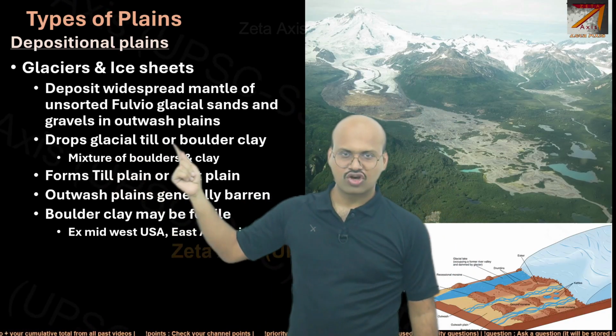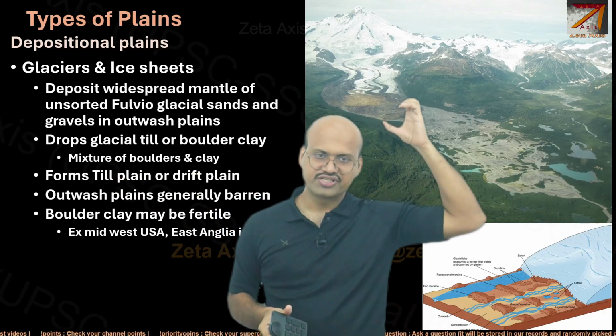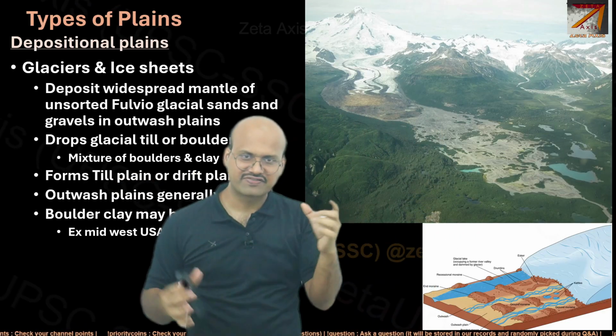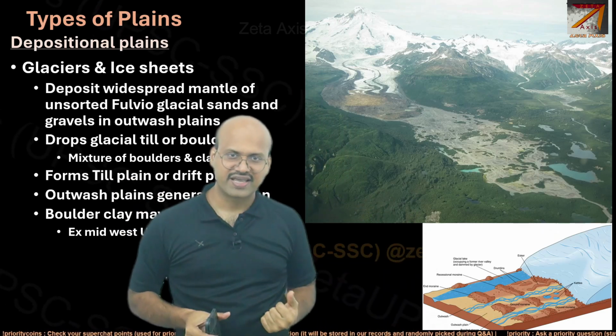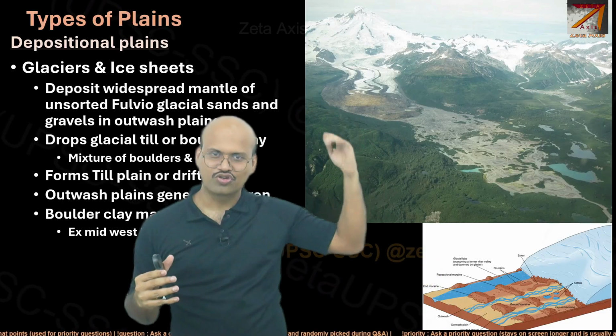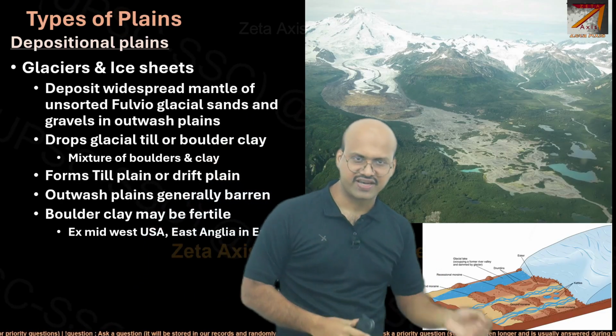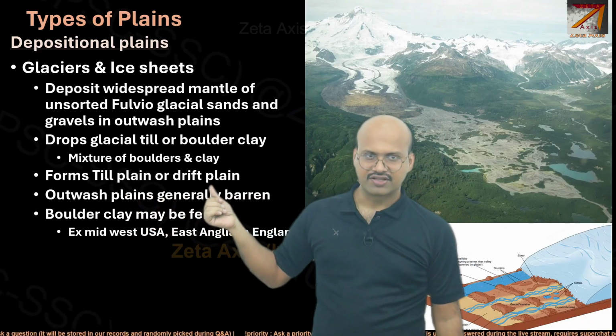Rocks, glacier till or boulder clay, a mixture of boulder and clay. So these depositions will have smaller fragments as well as large rocks, because the glacier has very high carrying capacity. They can carry big rock fragments, and that is why the depositions here will be a mixture of boulders as well as clay. Forms till plain or drift plain.